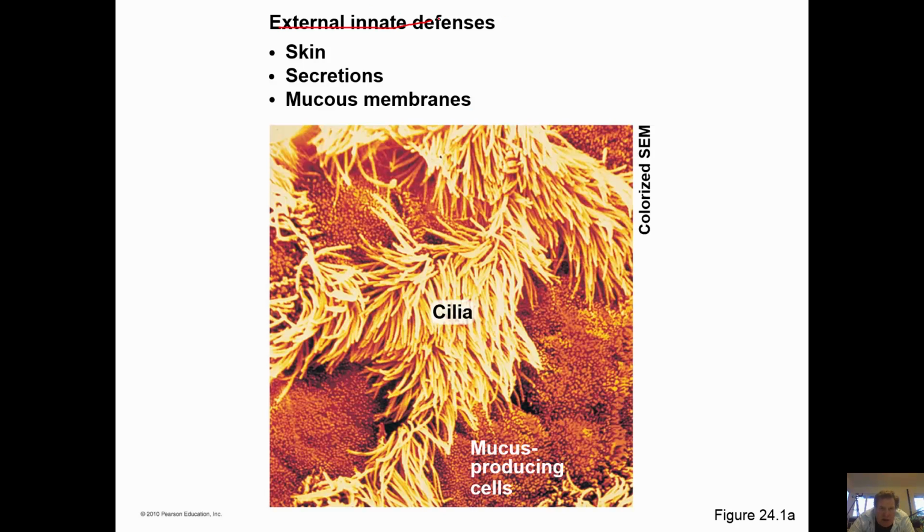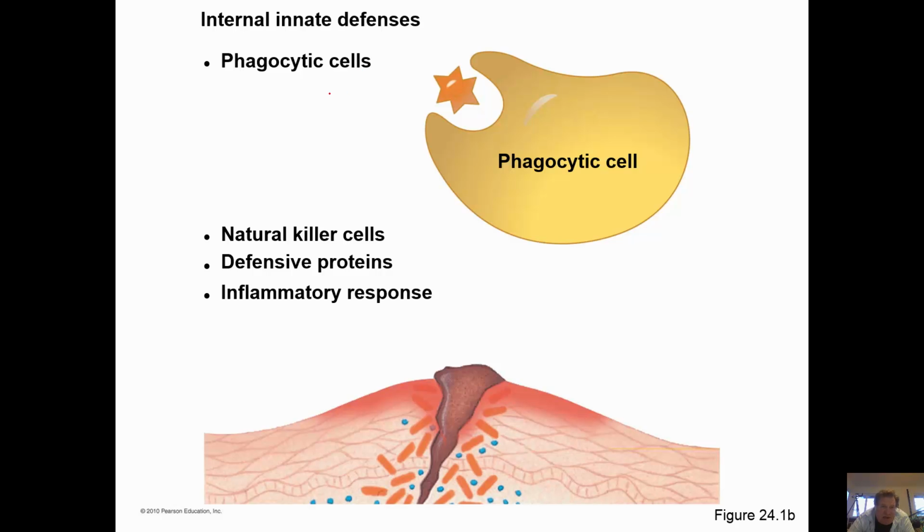Again, in looking at our external innate defenses, our skin, the secretions, spit, mucus, urine, the mucous membranes, these are all things that act like barriers or packaging that prevent microorganisms from getting inside of us. Yet again, we can't protect from everything, and every once in a while we'll get a thorn or something poked into us. And so we have a set of what we call phagocytic cells, and these are cells that will engulf, phagocytize, basically to consume or to eat.